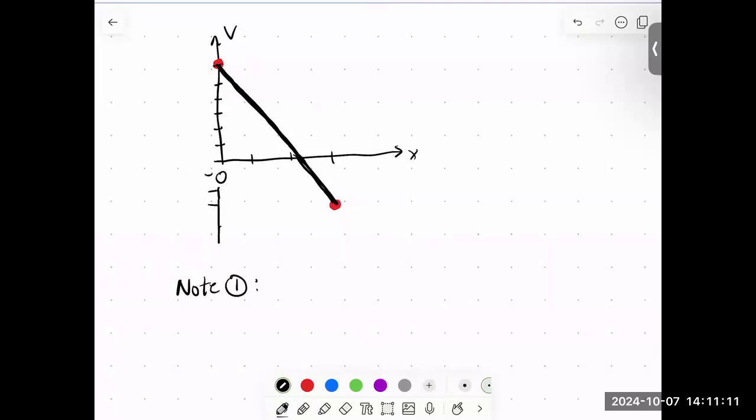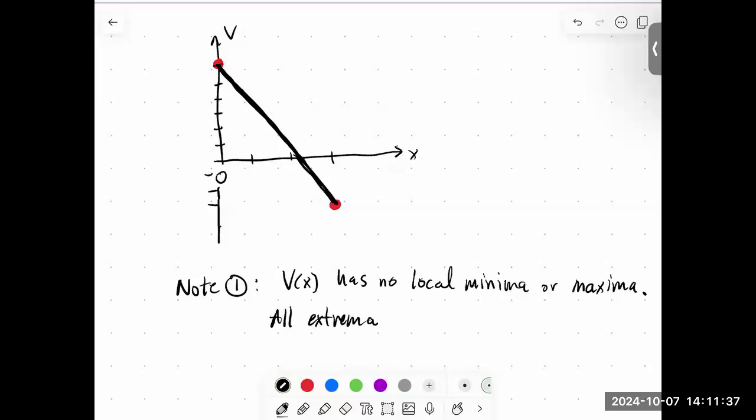In our case, x equals 0 and x equals 3. So v of x has no local minima or maxima. All extrema occur at the boundaries.